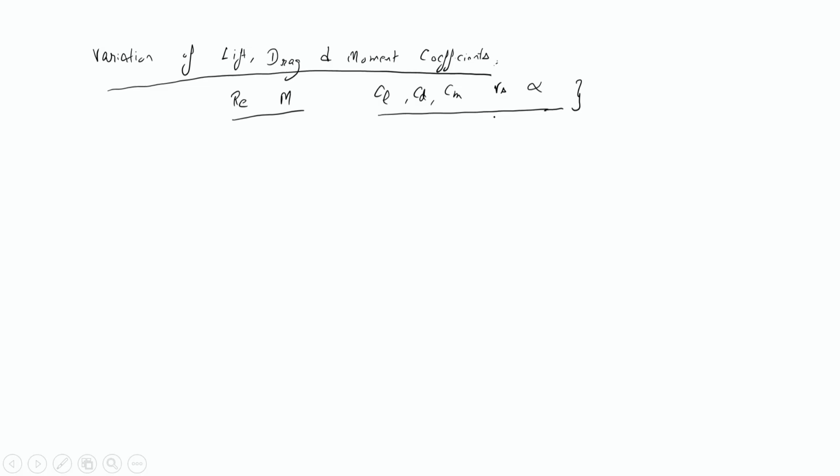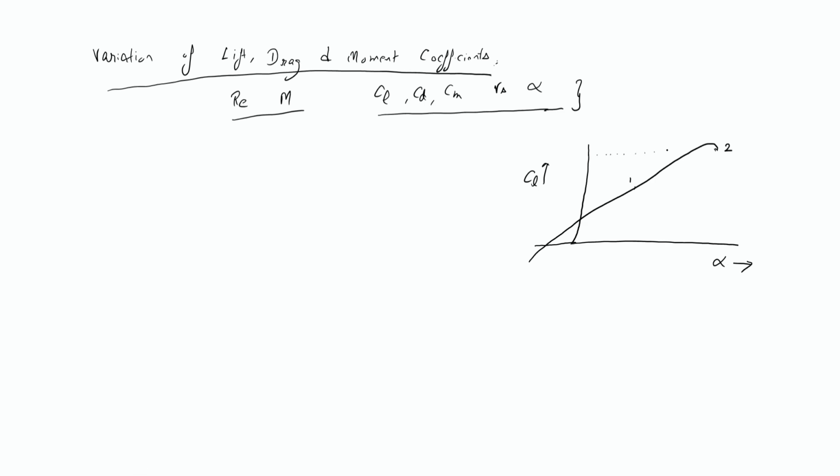So let me draw a cl versus alpha curve first for a cambered airfoil. By default, I will always be considering a cambered airfoil unless specified. If I plot the curve between cl and alpha, it will be something like this. Here we have angle of attack, here we have lift coefficient, and let us consider this as 0.1 and this as 0.2.